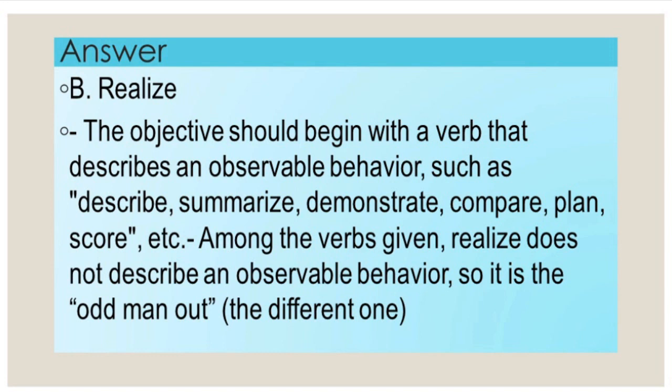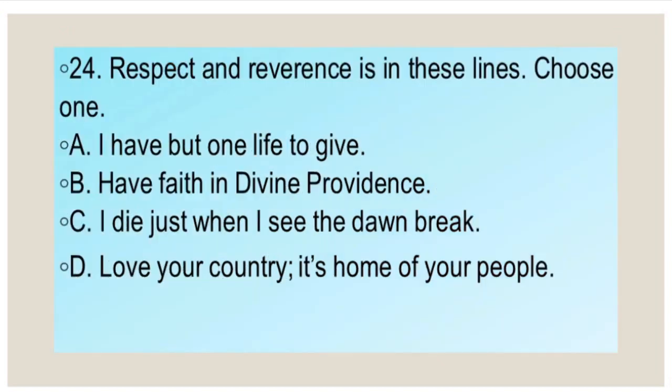So meaning the objective can be attained in just one setting. Among the given verbs in the options, realize does not describe an observable behavior. So it is the different one or the odd man out. So therefore, the answer to the question is option B, realize.